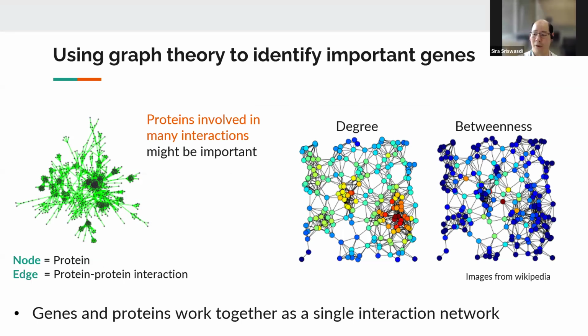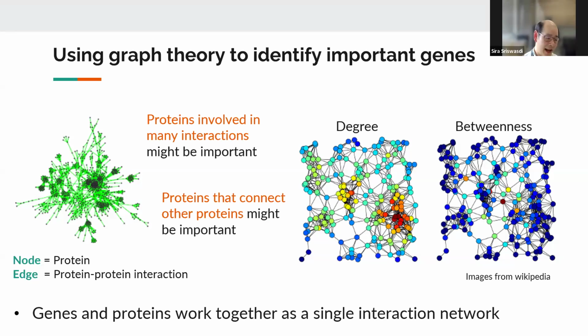What's the definition of importance on the graph? Do we want a lot of interactions, or do we want the protein to connect other proteins? What does it mean by important in terms of biology? And how do we transform these two statements into mathematical or computational calculation?